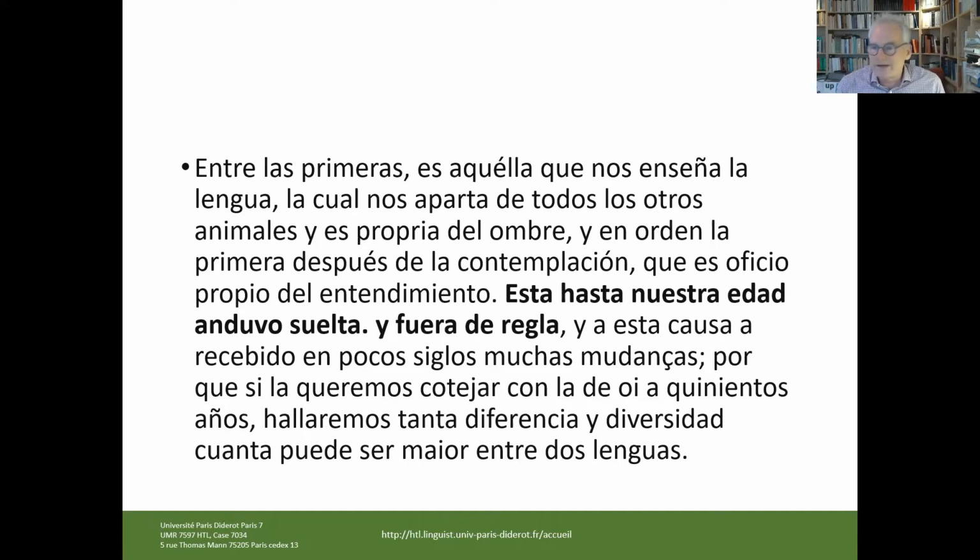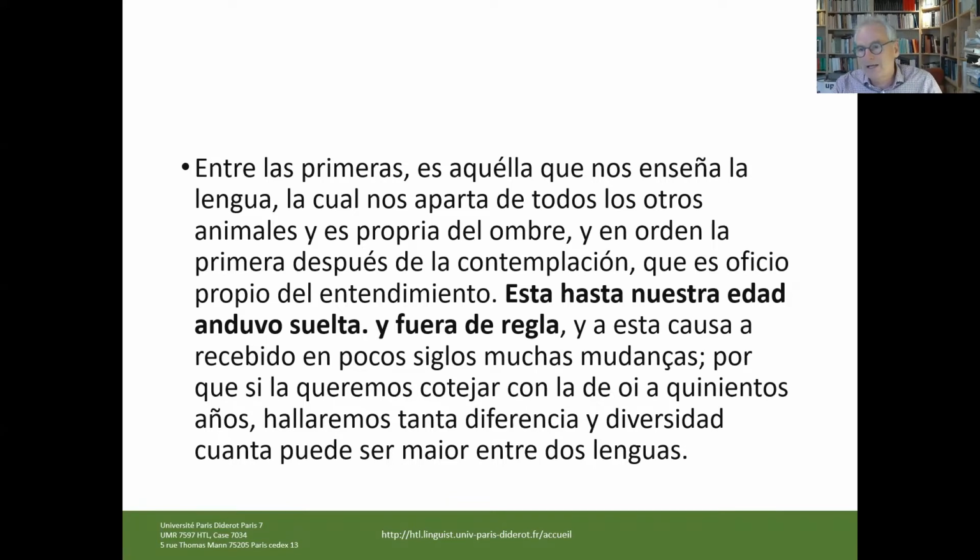Spelling could be very different, and of course, this was one of the main reasons to write this Castilian grammar. But here again, the idea is that a language cannot have rules if it's not written, or "reducir a arte, reducir a artificio". That means reduced to art, and if it's art, there must be a rule, and those rules actually can tell us that a standard form can be found in that case.